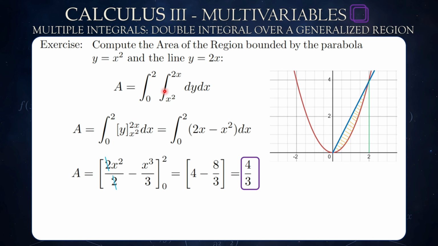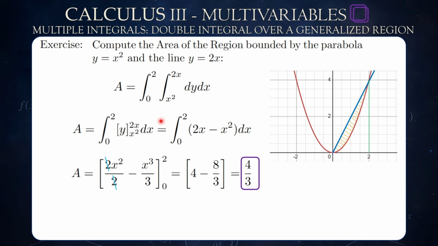A equal integral from 0 to 2, then integral from x squared to 2x dy dx. So A equal integral from 0 to 2 of the result of integral from x squared to 2x dy, which is equal to y between 2x and x squared dx.